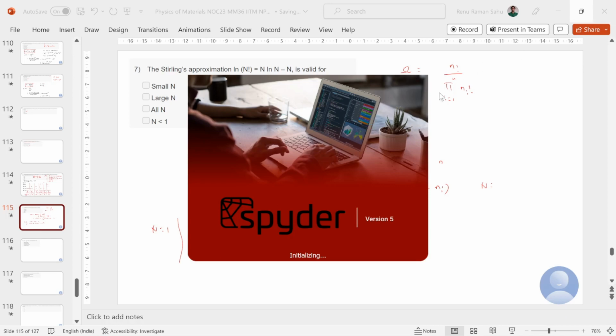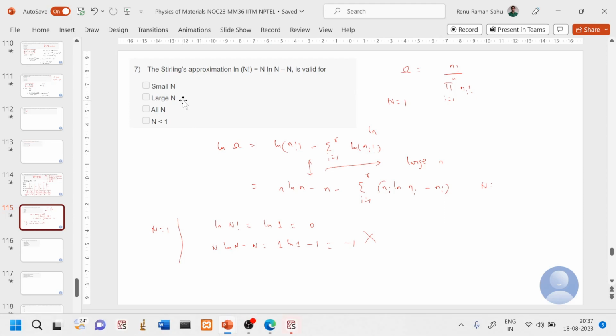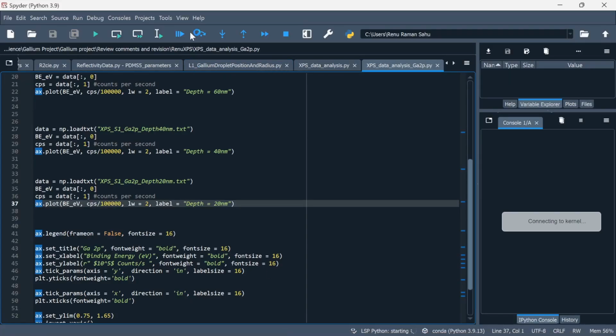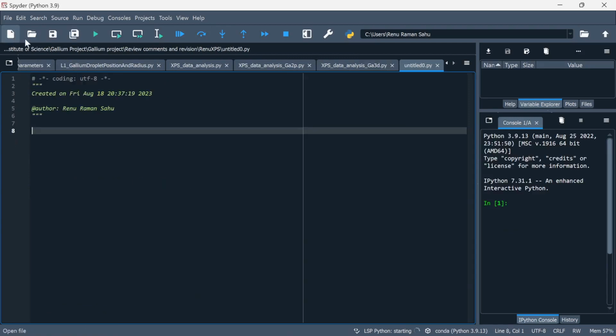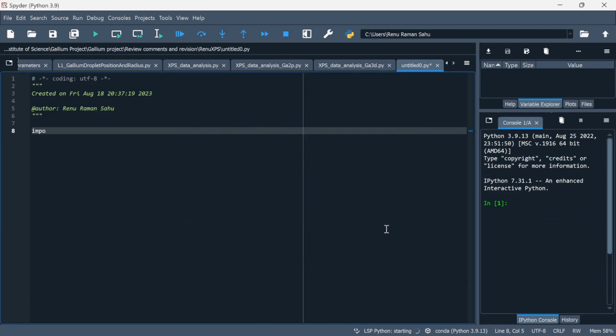If you calculate the right hand side and the left hand side, it is valid usually for large n. So how large? You are able to see the screen, right?